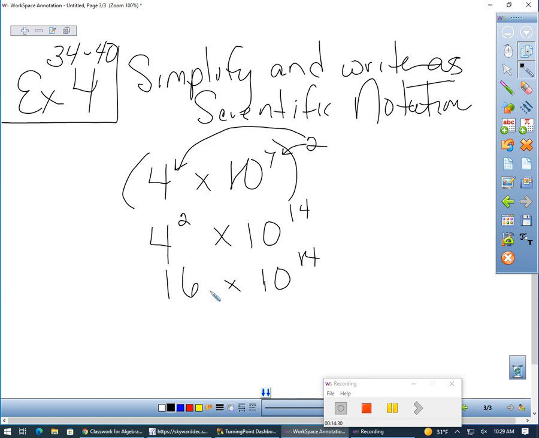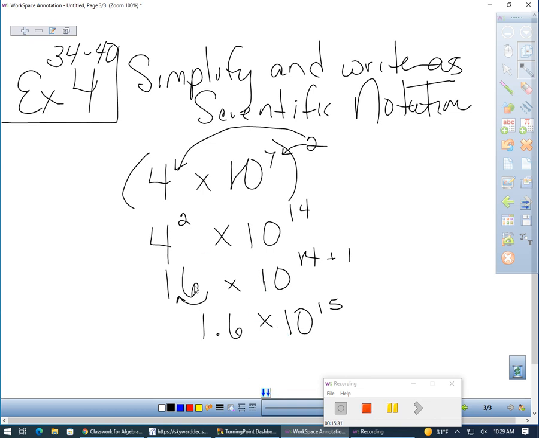Here, you already have it in scientific notation, but you have to simplify it, right? So if we had the big number written down, that's different than what we're doing. So here, because we have to move this decimal over 1, the number is too big, right? So we have 1.6, we have to add 1 to our exponent, which is 15.